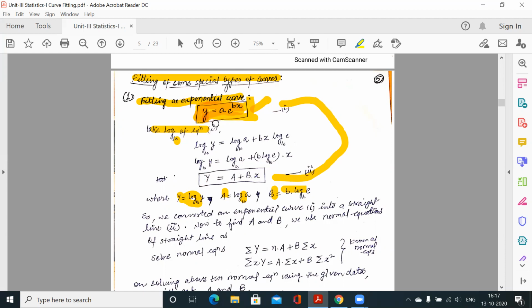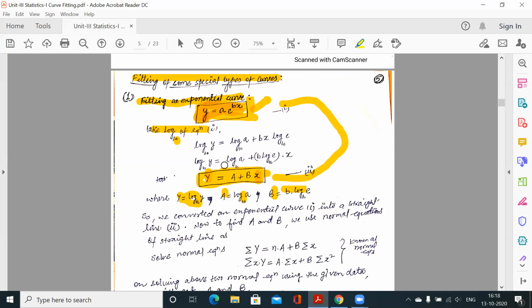Our original variables were small x and small y, but now we have the variables small x and capital Y. Small x is the independent variable, capital Y is the dependent variable. So now this is a straight line, and we know how to fit a straight line.